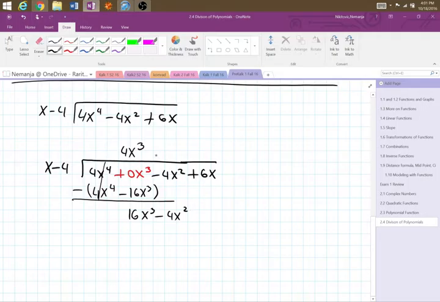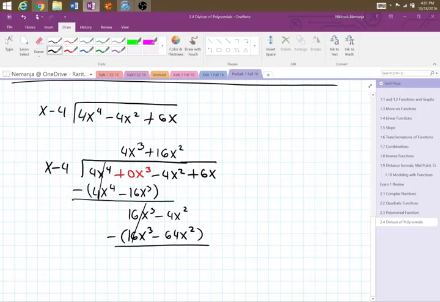So that goes plus 16x squared. That's 16x cubed when you multiply, minus a lot, x squared. Then we subtract again.